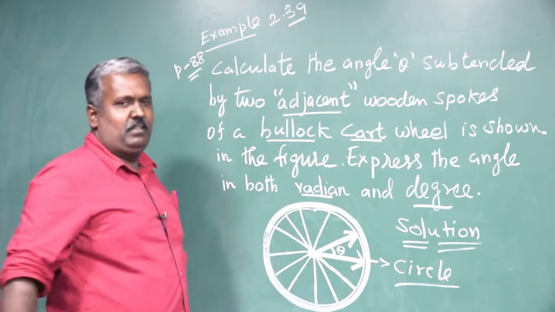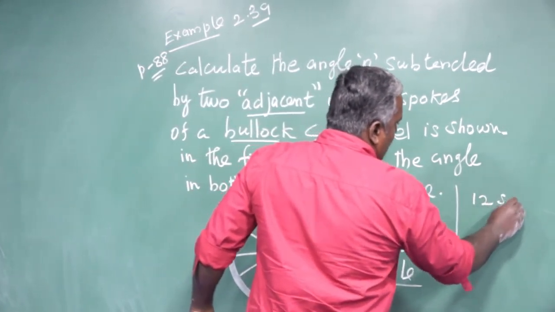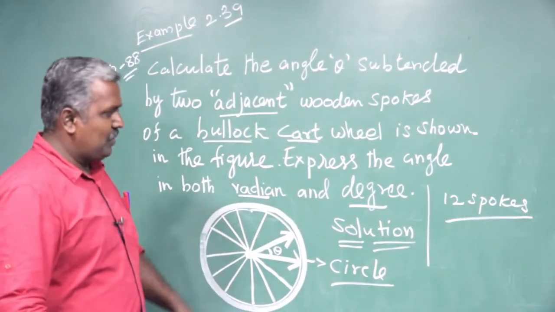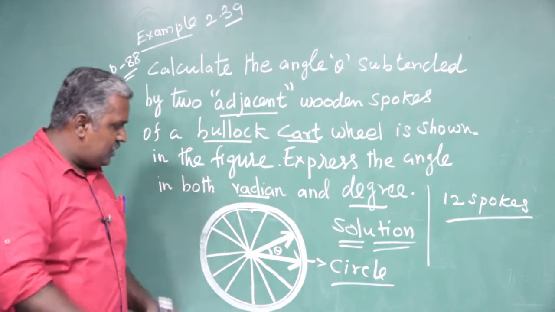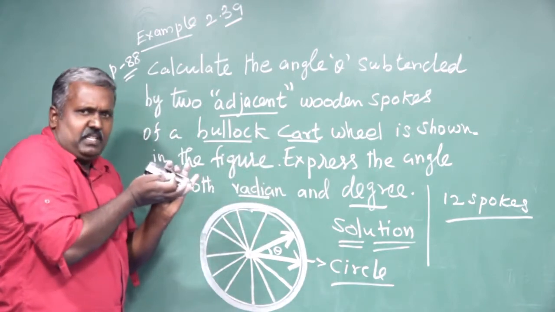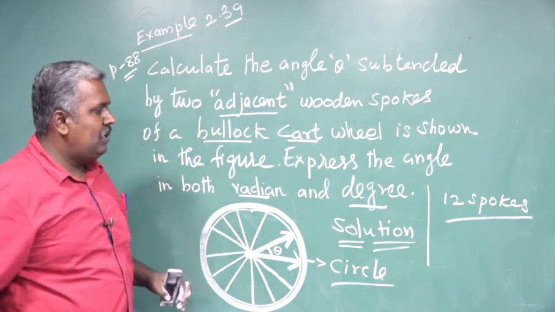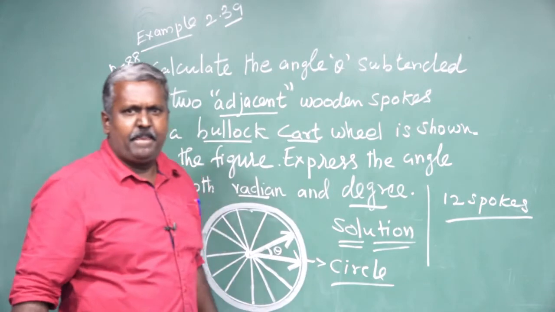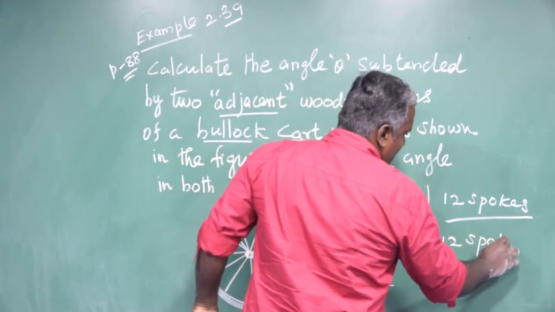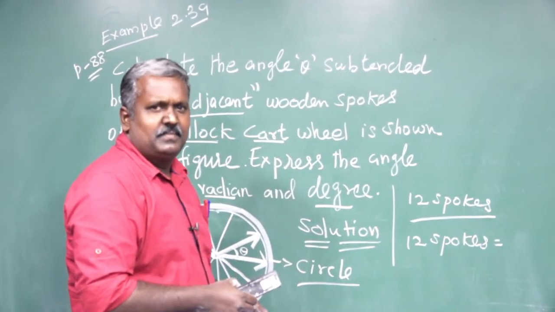This is an example of a circle. 12 spokes. How many spokes are there? 12 spokes. So, 12 spokes is equal to one complete circle. That means this one wheel contains 12 spokes. So, 12 spokes is equal to how much in degree?